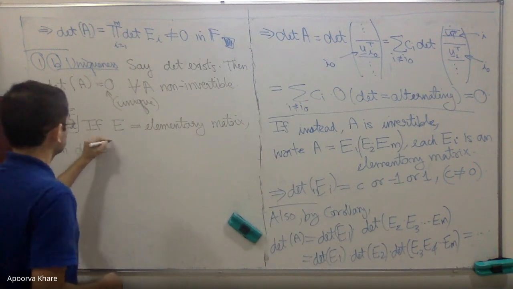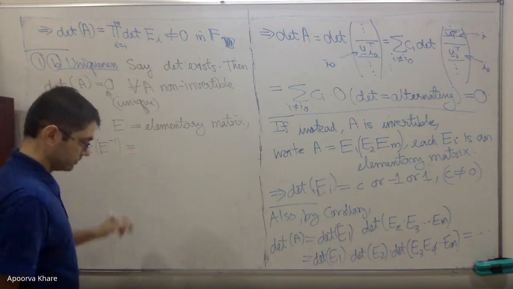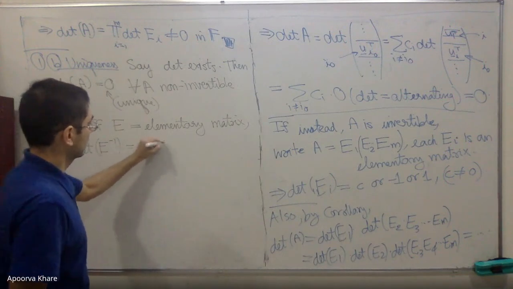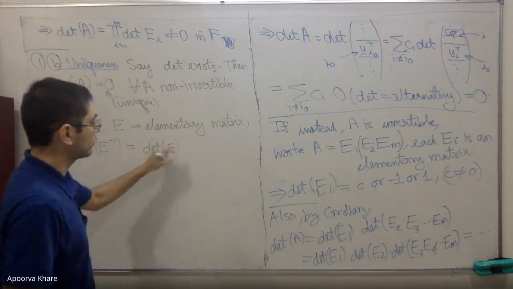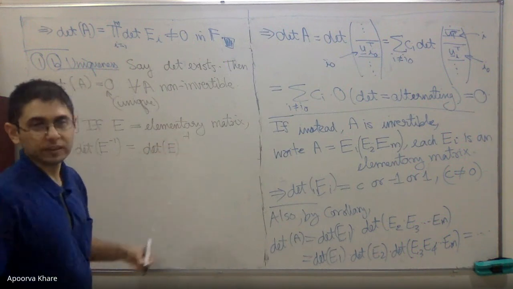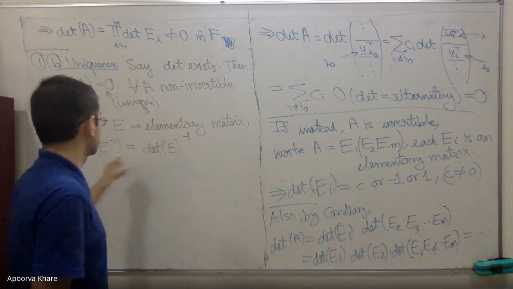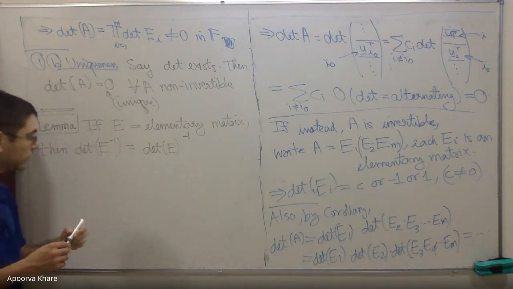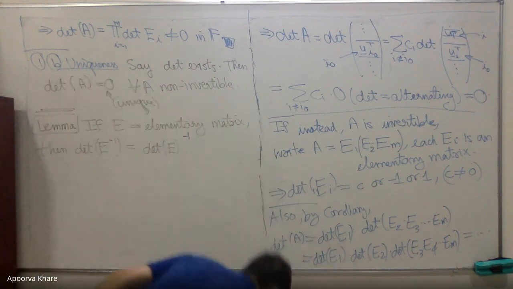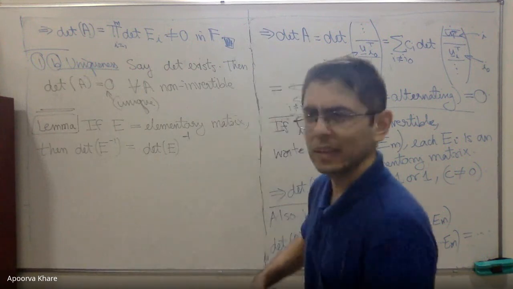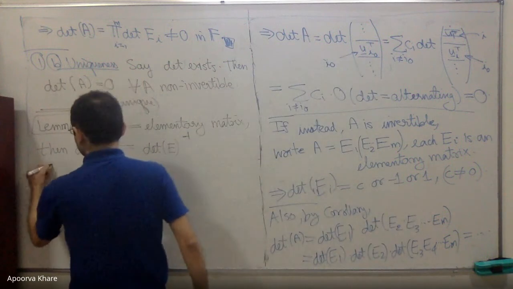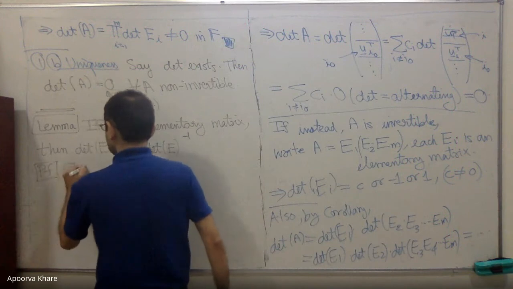Det of E inverse is, first take the determinant of E and then take the inverse in the field. So take the reciprocal in the field versus take the inverse of the matrix and then take the determinant. They have to be equal. And that proof is very easy. The proof is by direct verification. Check in all three cases.